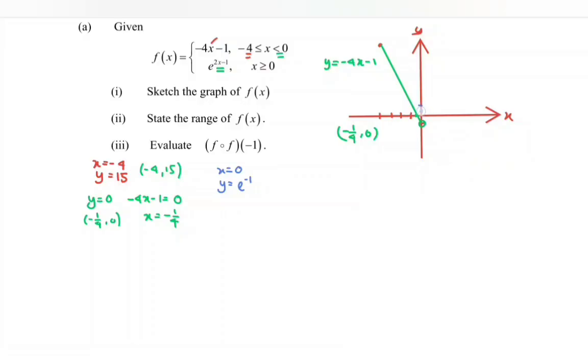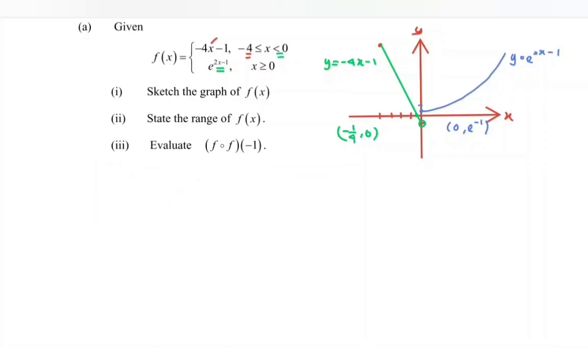So here will be the point included, where we have 0, e to the power negative 1. And then continue. Based on the situation, we have positive x. So the graph will be something like this. So that is the graph y equals e to the power of 2x minus 1. So make sure we label x and y, and include the point of intersection.